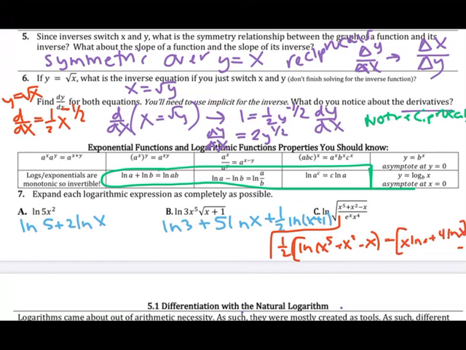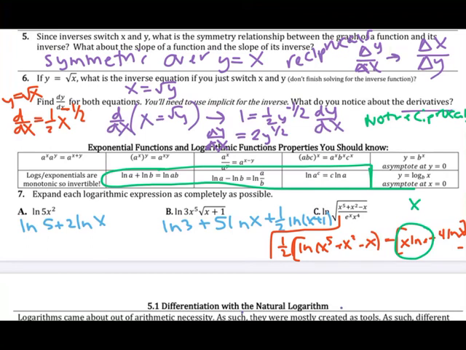You could take this one step further and simplify this, since x natural log of e is just going to be x. But I'm just going to leave it like that for now. So you should be very, very comfortable expanding logarithms.